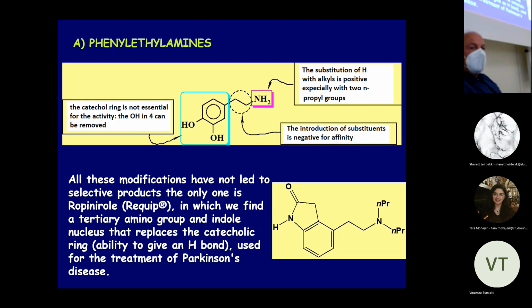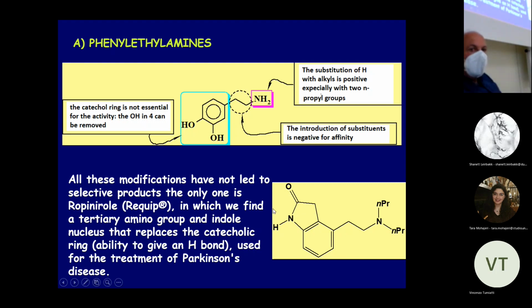So the indole nucleus, all this nucleus you see, an aromatic ring with this nitrogen ring, is called an indolic system. The indolic system is able to replace the catecholic ring of dopamine.